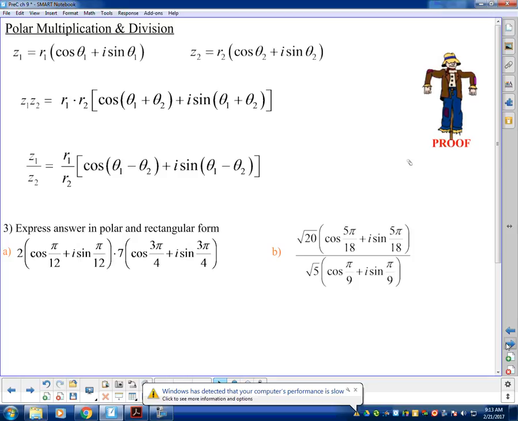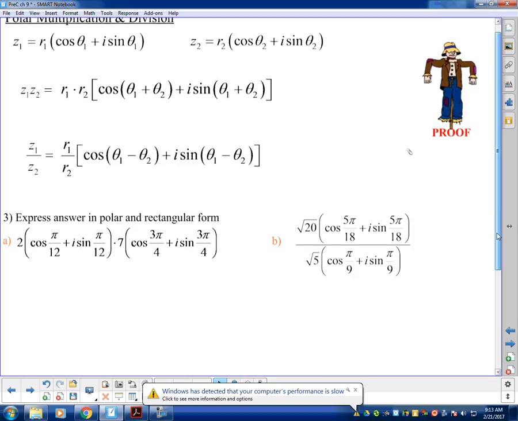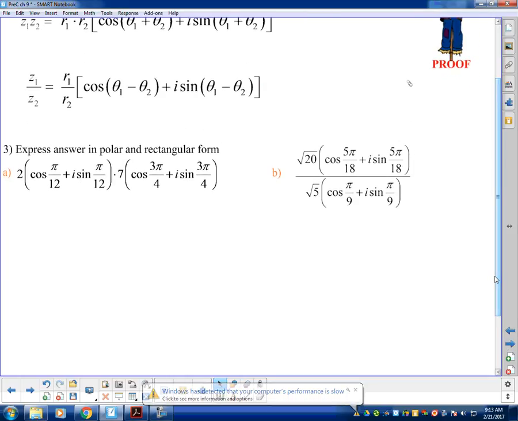So here's how this works. If I want to multiply these two numbers that are in polar form, it goes like this. You take 2 times 7 and multiply them together to get 14.